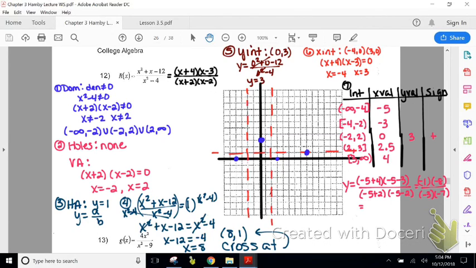When I work that out, I get 8 over 21, and that doesn't reduce. It's almost a half, but not quite. If you need to, you could put that as a decimal. When I put this in my calculator, it comes up to about 0.38. If you need that to help you, you can. Otherwise, a fraction's fine. So 0.38, and it's positive.